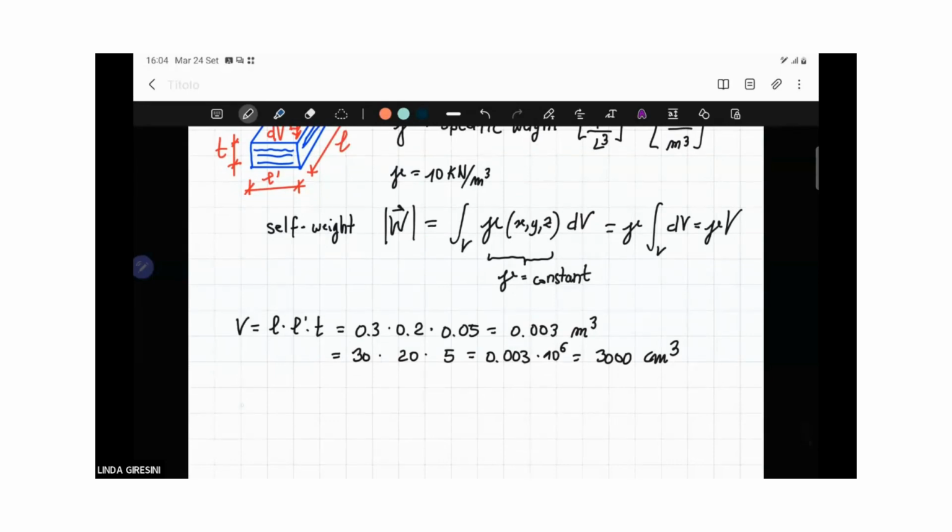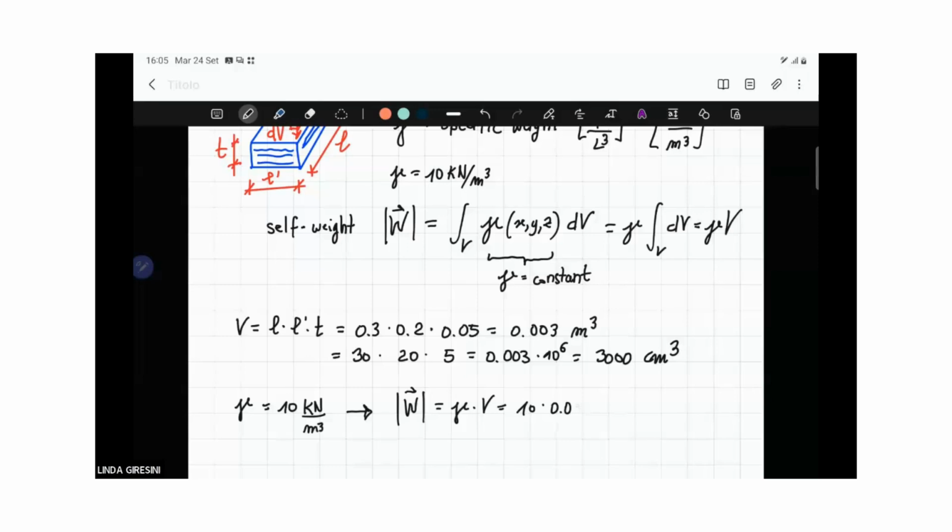Okay, so for example, if the specific weight we said it's 10 kilonewtons over cubic meters, then the magnitude of the self-weight vector will be gamma times volume, and therefore 10 times what we have to use, 0.003 cubic meters or 3000. Exactly, because we don't have to mix different units.